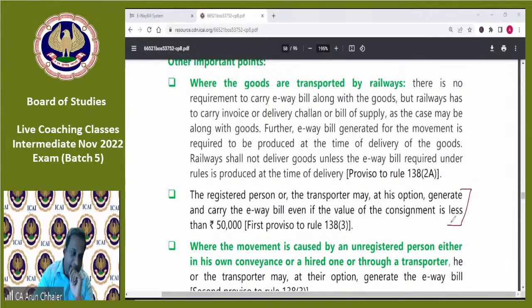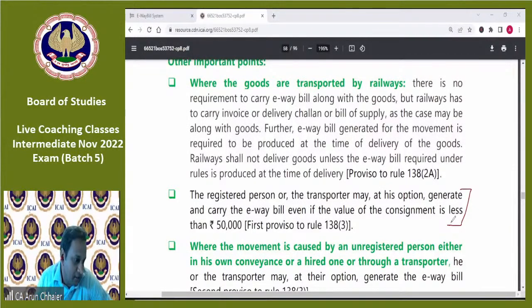Yes. Can anyone tell me, if my aggregate turnover is below 20 crore, can I generate e-invoicing optionally? If my aggregate turnover does not exceed 20 crore, can I generate e-invoicing on an optional basis?